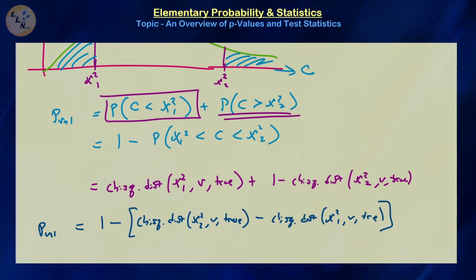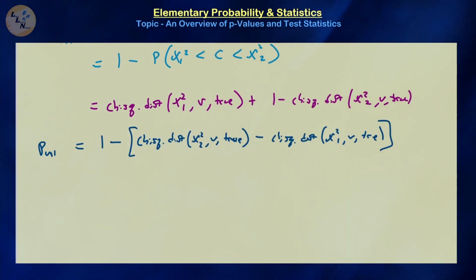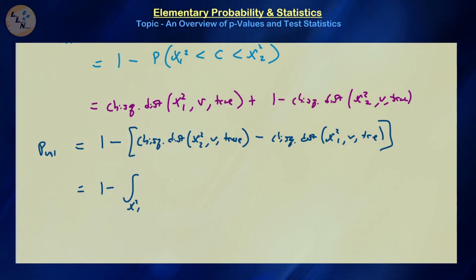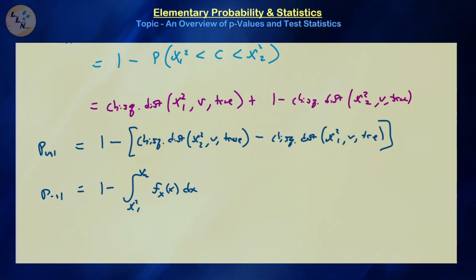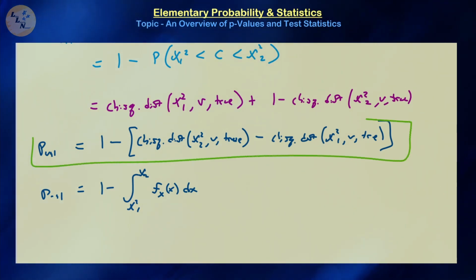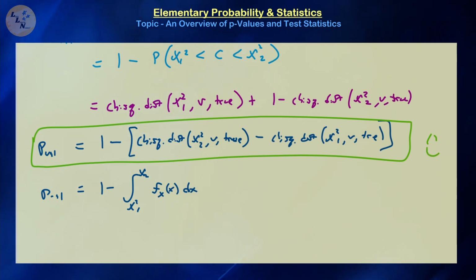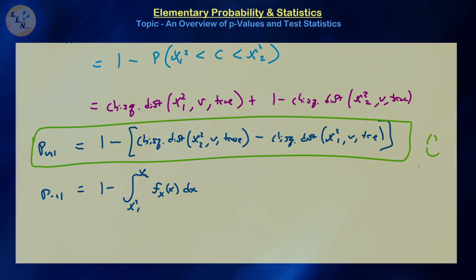If you're familiar with calculus, this is just 1 minus the integral from chi-squared 1 to chi-squared 2 of the chi-squared density function, so 1 minus the antiderivative at b minus the antiderivative at a. But if you don't really care about that, that's perfectly fine. In Excel, that will serve your needs for this particular hypothesis test.